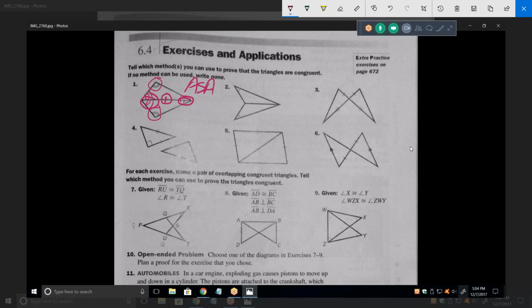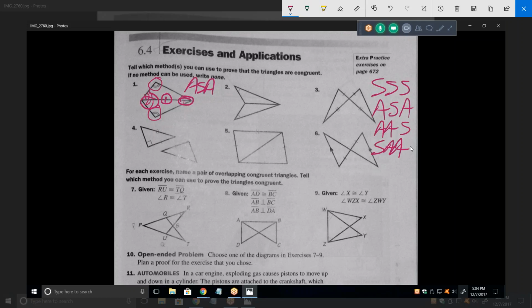There's not that many that you can use. And in fact, if I list them over here, we got side, side, side. We got angle, side, angle. We got angle, angle, side. Anytime you have two angles and a side, then it's proof. That's the same thing.